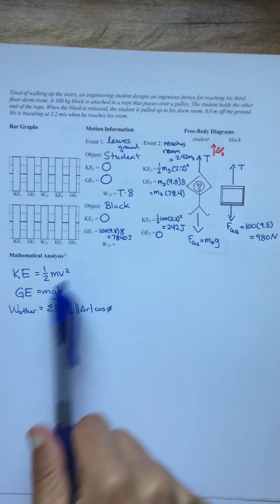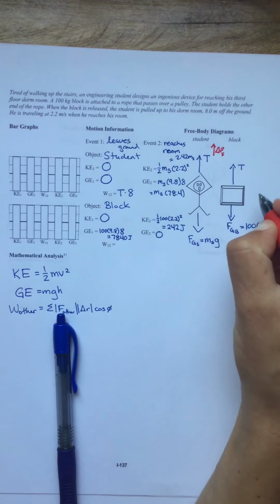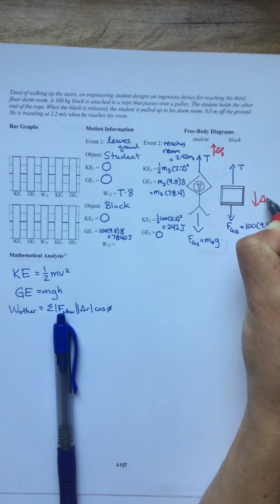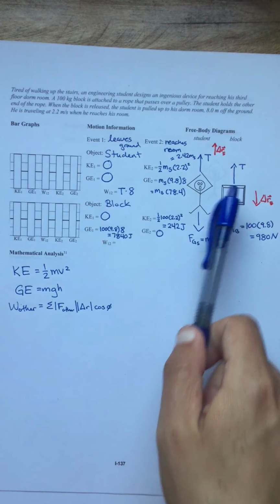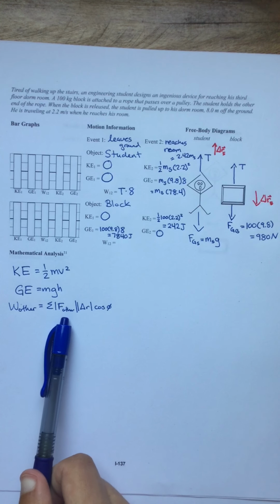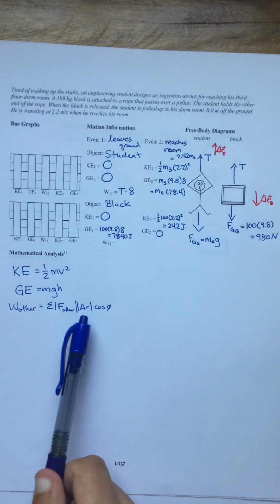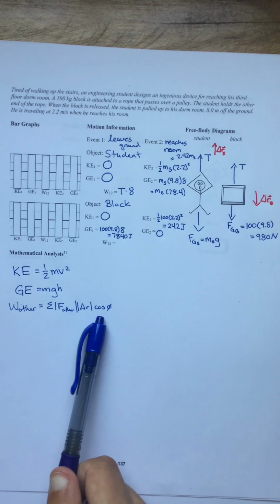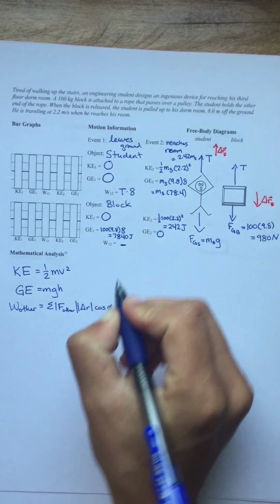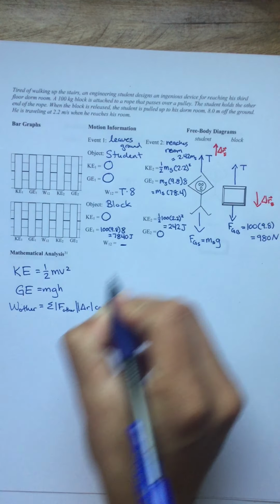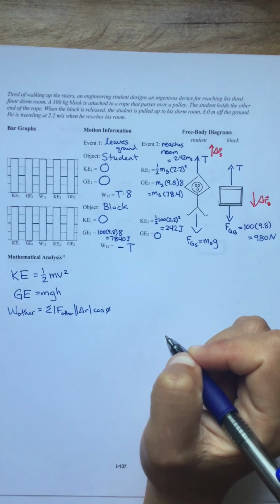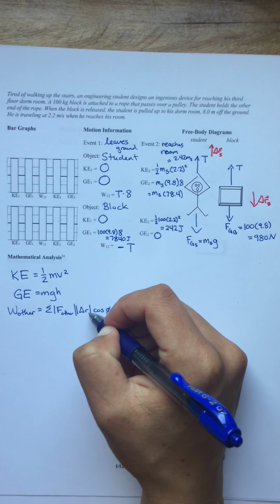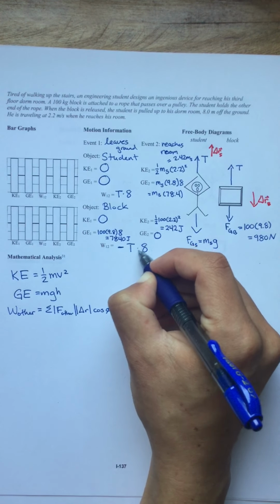Okay, now for work, the block is moving downward, so the displacement for the block is down. This is the opposite direction of the tension, so the force other than gravity, tension, and the displacement are pointing in opposite directions, so this is the cosine of 180, which is negative, so this is minus. T is the sum of the forces other than gravity, there's only one force other than gravity, times the magnitude of the displacement, so that's 8.